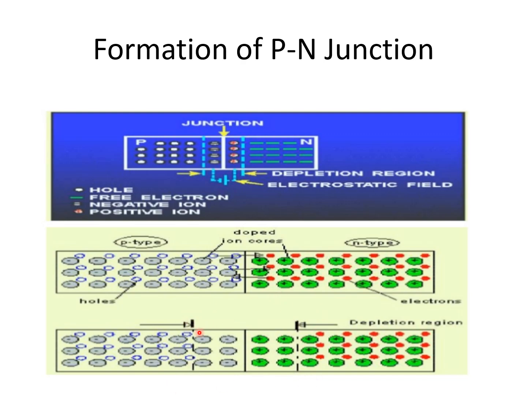This region restricts the further flow of the electrons from N to P side, holes from P to N side. This is the concept. What will happen when P type and N type materials just form? There is a formation of the depletion region. This region restricts the further flow of the electrons from N to P and holes from P to N.